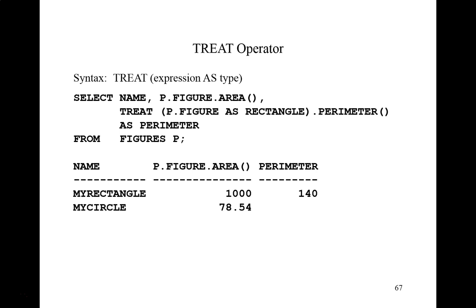The subtype requested by treat is a rectangle. If the object that we're currently operating on is a rectangle object, then it makes sense to invoke the perimeter method, and that will be done. But if the object cannot be treated as a rectangle, if it's a circle, then treat returns null, and no perimeter method can be invoked.